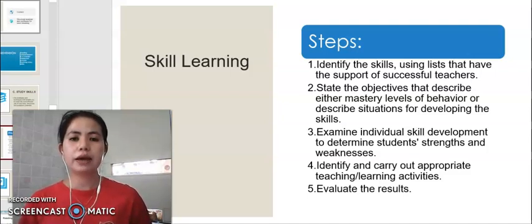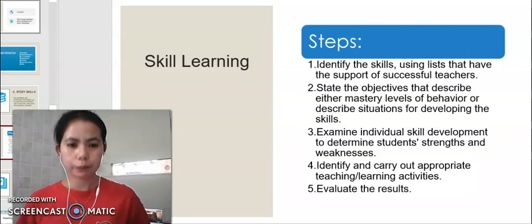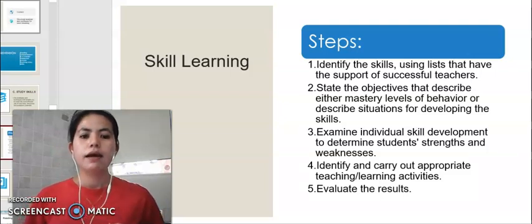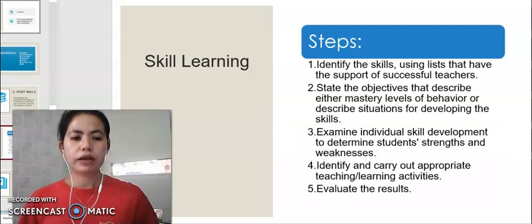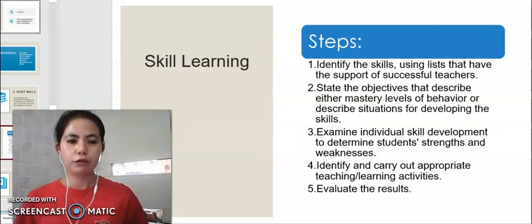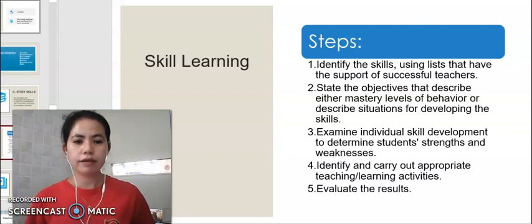So you must make objectives on what the student should have learned after the activity. Number 3, examine individual skill development to determine students' strengths and weaknesses. Number 4, identify and carry out appropriate teaching and learning activities.